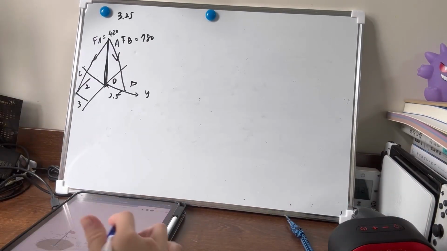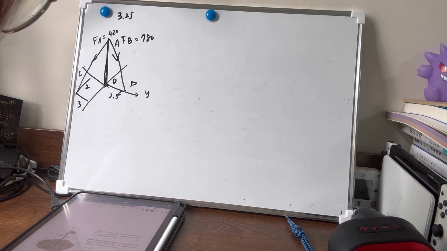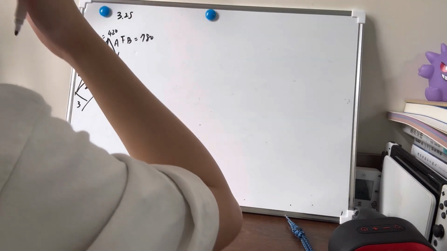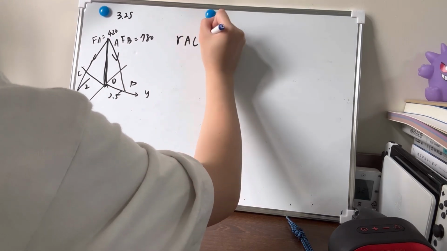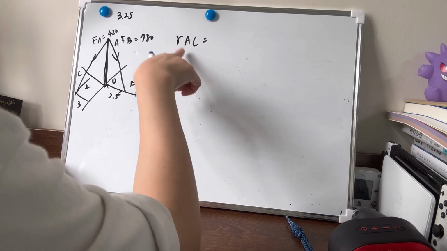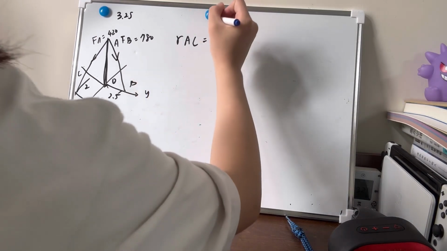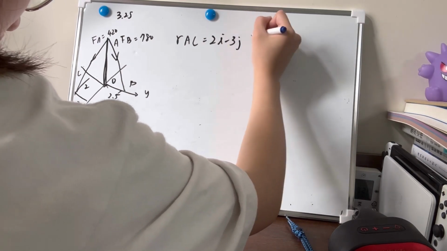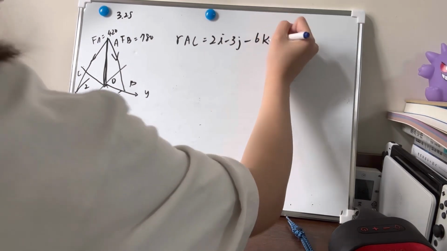And the next question is to determine the moment produced by the force C about the point O, and it has to express the result as a Cartesian vector. So first of all, we have to find out where is RAC. So RAC means point C minus point A. So it would be like 2i minus 3j and minus 6k.